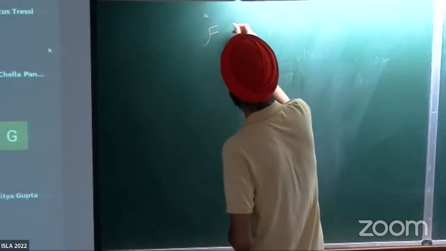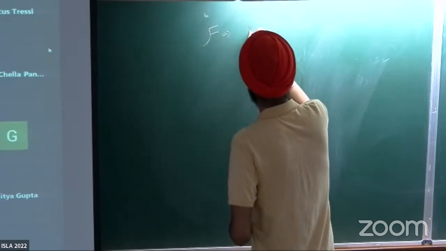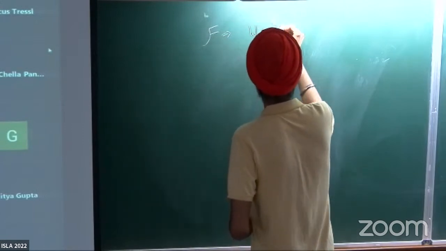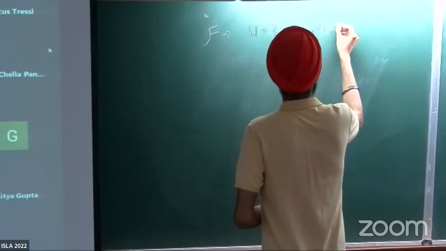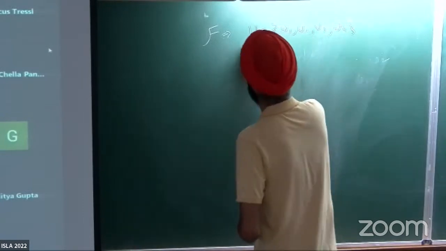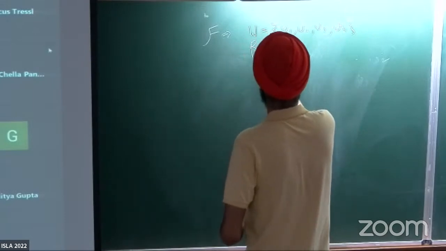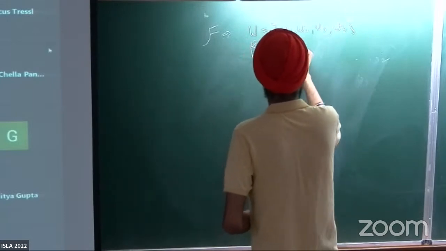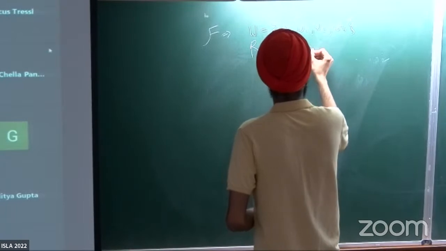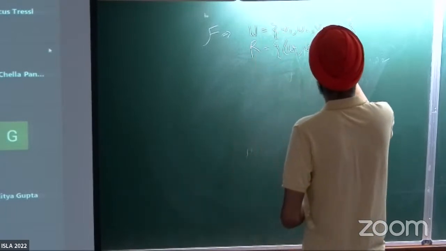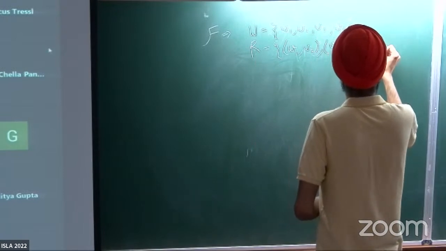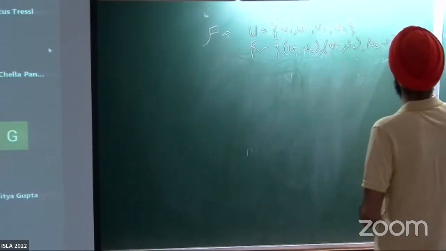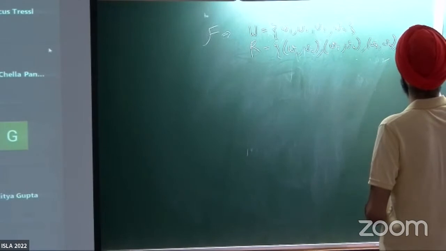Assume that this is my frame, and in this frame, W is the set of W1, W2, W3, and W4. The relation is this: W1 W2, W2 W4, W3 W2, and W3 W4.